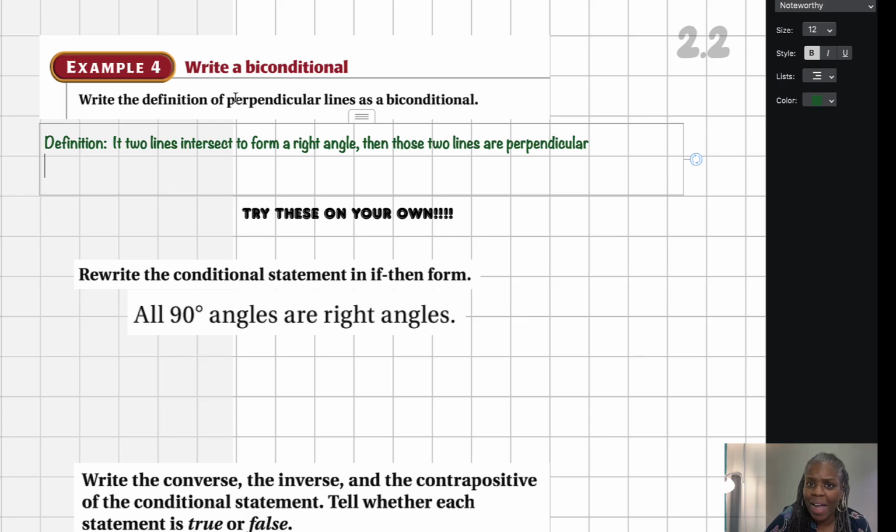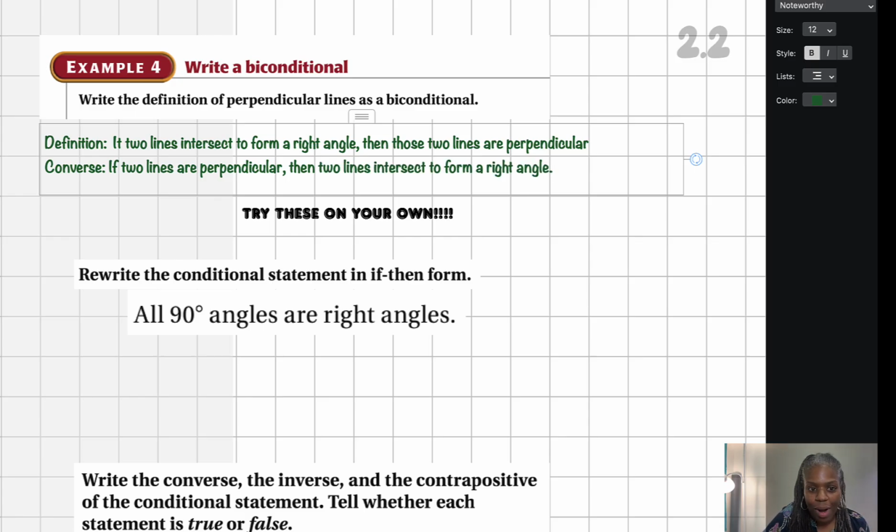And you remember that biconditional statements are statements where the statement is true and the converse is true. Do you remember what the converse would be here? The converse is when we take the hypothesis and the conclusion, and we switch them. And so we're going to do that right now. If two lines are perpendicular, then the two lines intersect to form a right angle.